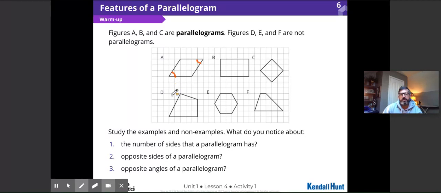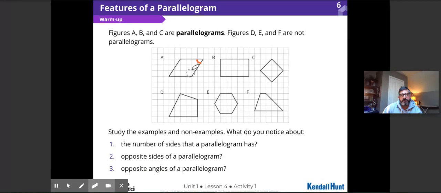Those are angles. So the opposite angles are going to be exactly the same. Do those angles look the same to you, Linus? Yes. Yeah, that's right. They're exactly the same.